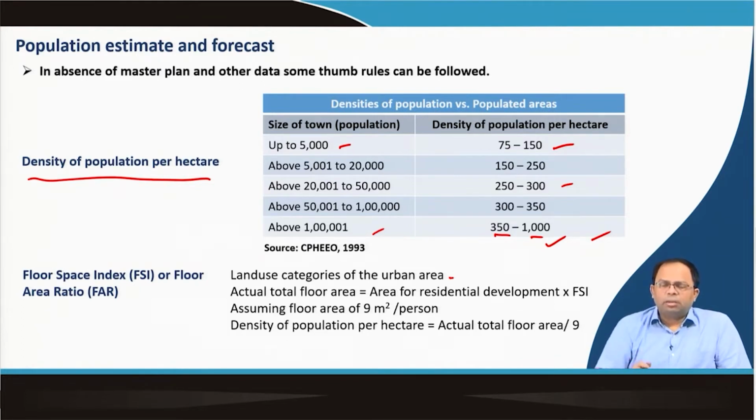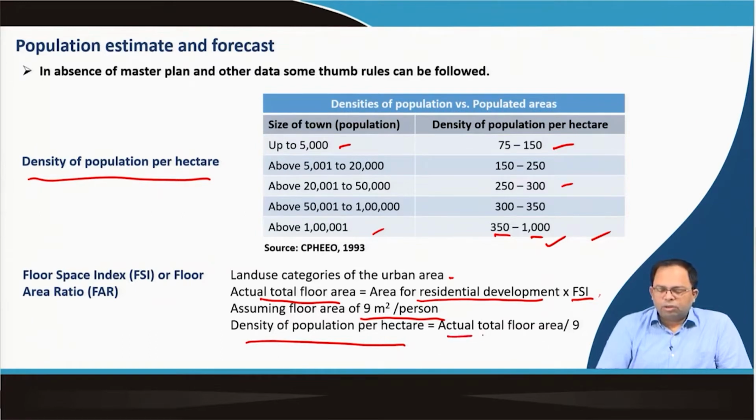For the residential part, the area of the residential development multiplied by the FAR gives us the total floor area for residences. Then we can assume a floor area of around 9 square meters per person, and determine the total number of people in that area.